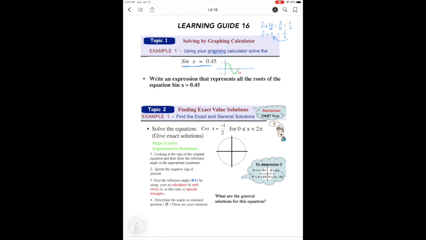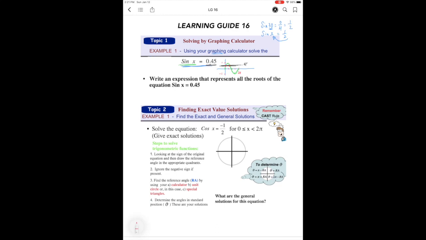There's the sine x graph. Now this 0.45 is just a line going through here at 0.45, and what we are doing is solving where it intersects, right there and right there. Those red dots are what we're trying to solve.